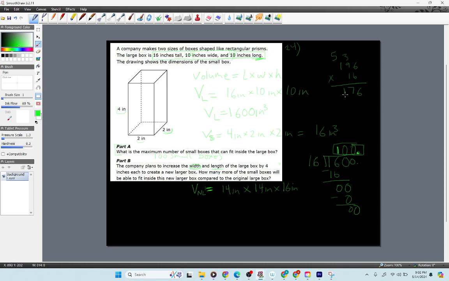Plus 5 is 11. Start a new row. Okay, so our new larger volume is quite a bit more once you multiply that all out.